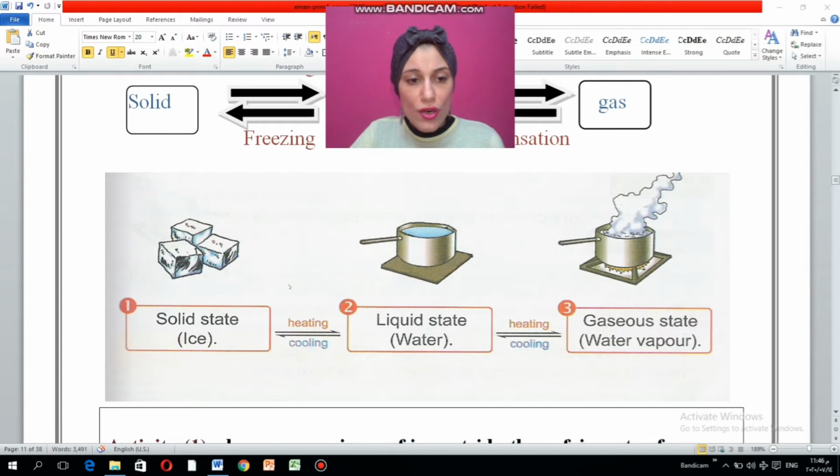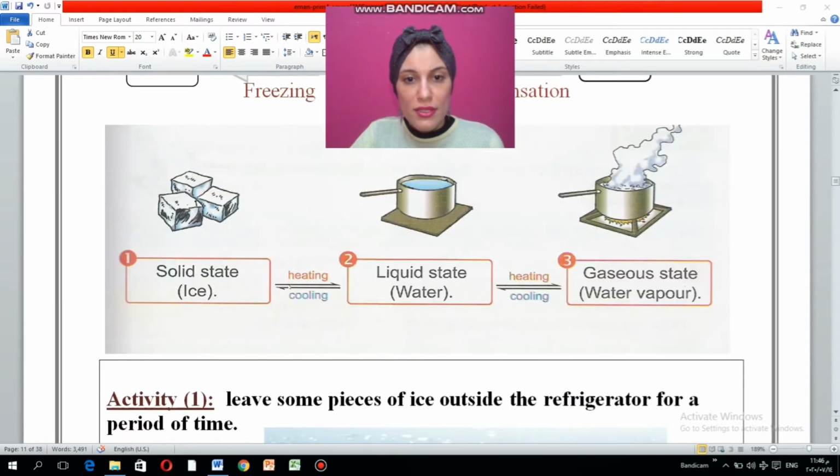Okay, let's start with this picture. What is this in the picture? Cubes of what? Of ice. Which state is this? Solid state. Then what is this in the cooking pot? It is water, and it is what? A liquid state.